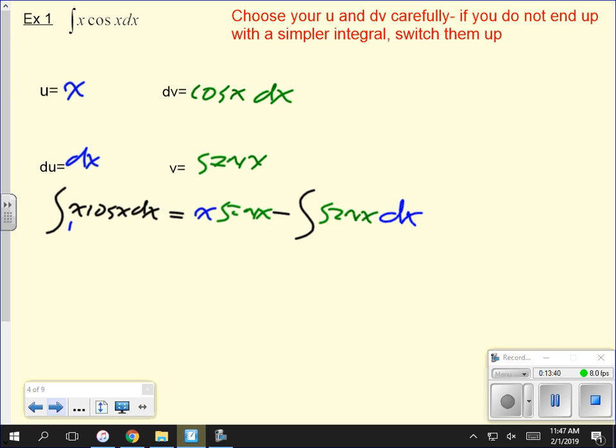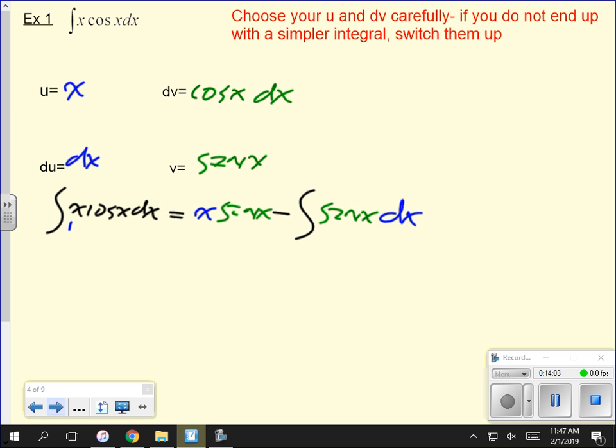I had taken a complex integral, x cosine x, come up with a partial solution, and a very easy integral to do. The integral of negative sine dx. That's easy. That's the integral of the sine of x. That's a walk in the park.